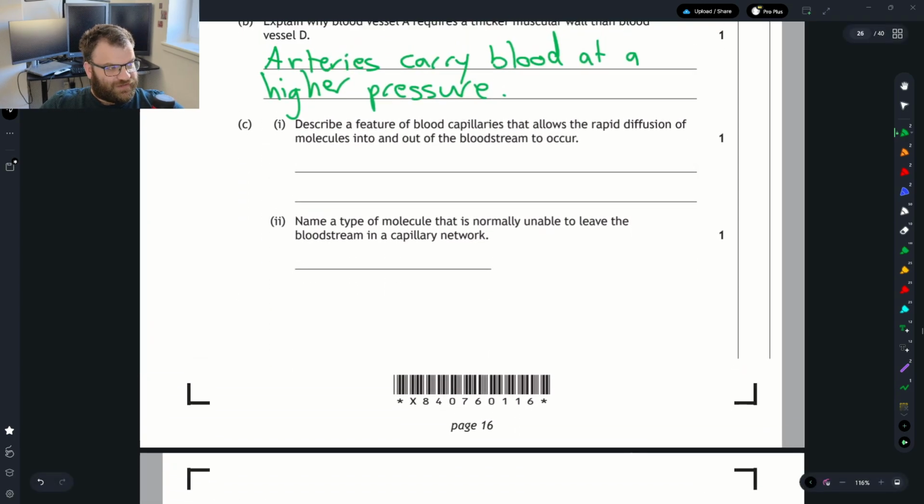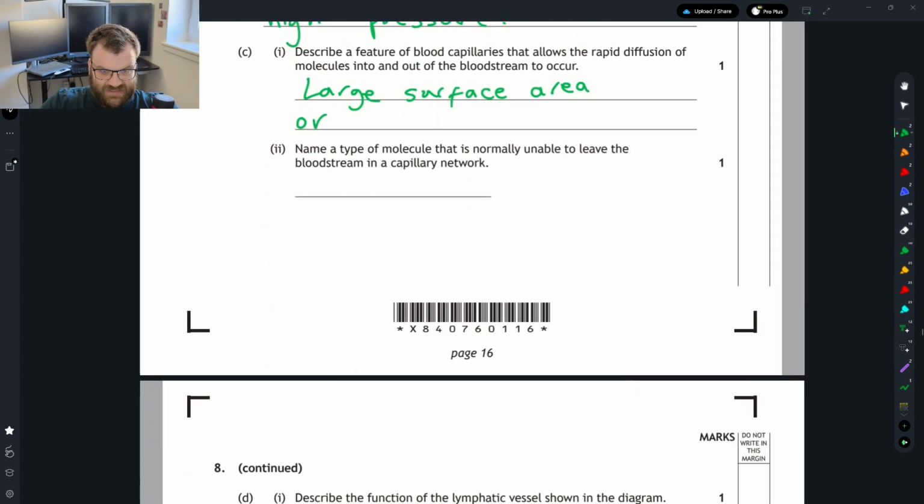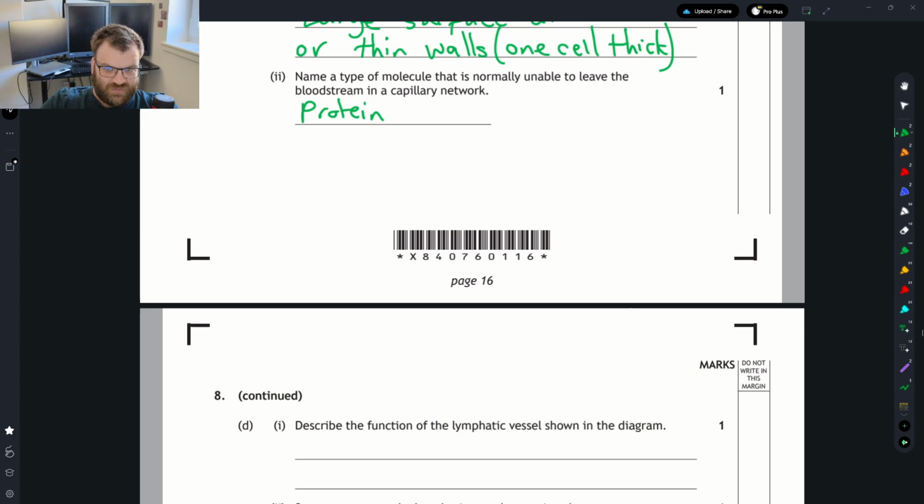This one's to do with how you encourage efficient exchange. So same as one before, large surface area. Or another option is they have very thin walls, which makes it easier for the chemicals to pass through. Proteins are large molecules, they will not be able to pass through the capillary system.